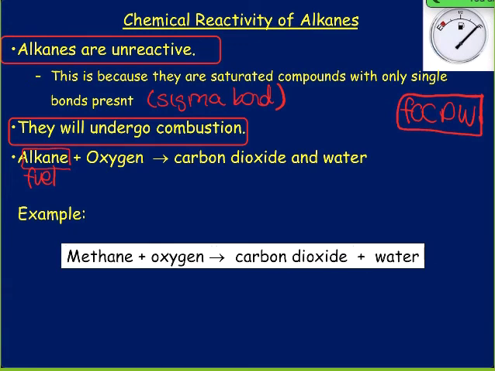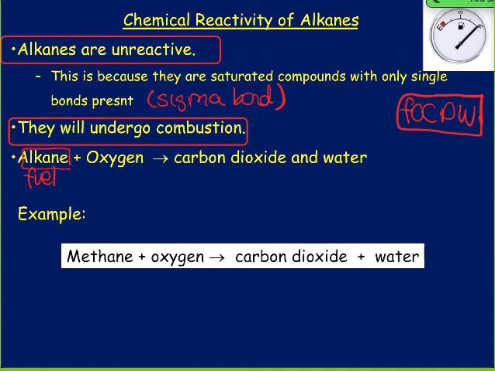So do you think you could try for me to put the methane plus oxygen goes to carbon dioxide and water into a formula equation? So for Gerald and Charlie, you write out your formulas for each thing.